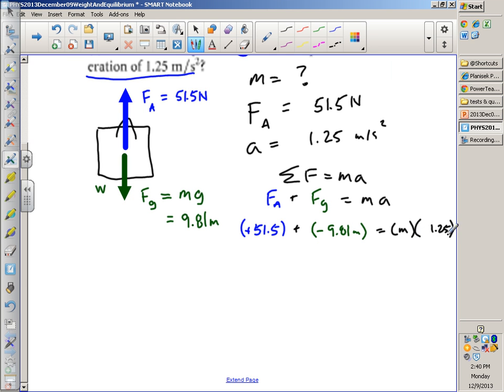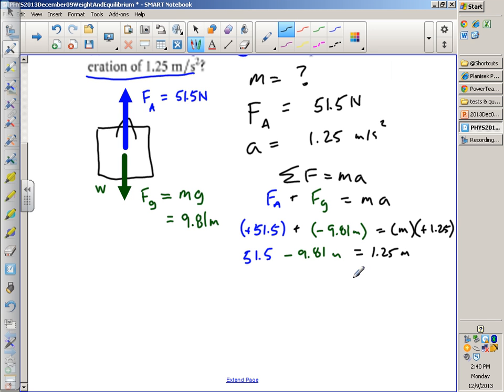What did it tell you about this acceleration of the grocery bag? Upward, meaning that it should have what sign? Positive. Anything upward is going to be positive. So now, it's just a matter of simplifying this up a little bit, right? m shows up twice in this equation, but nothing I don't think we can handle, right?